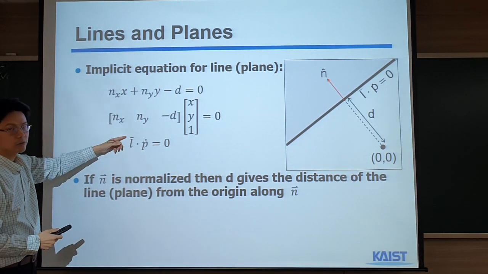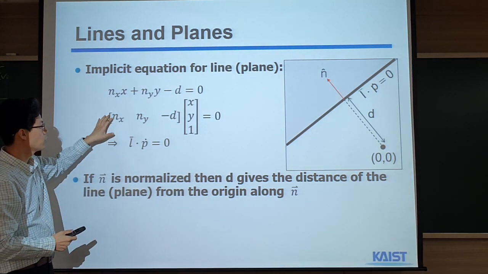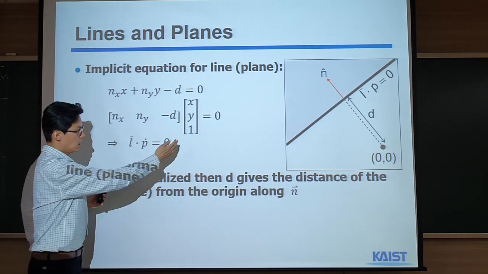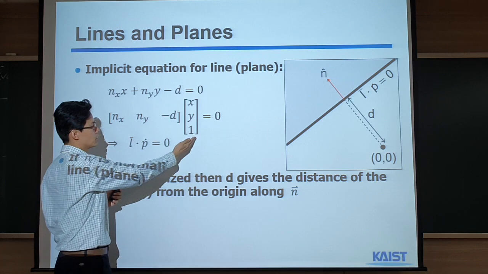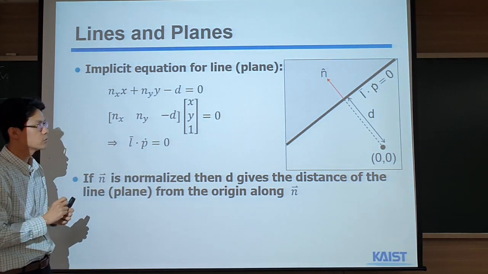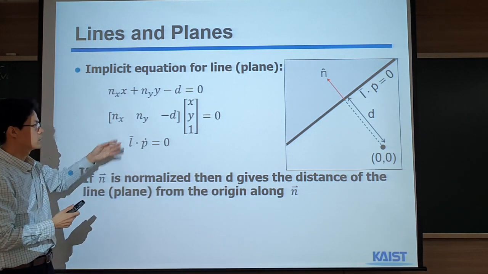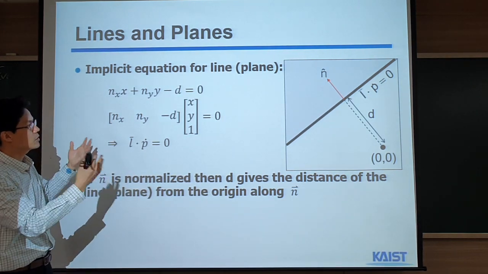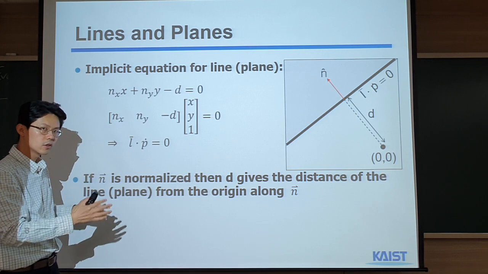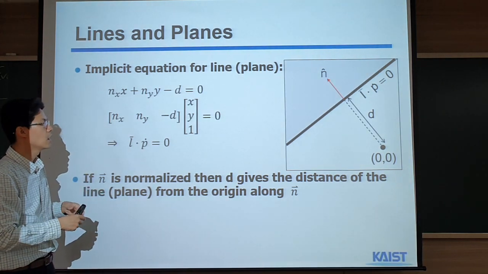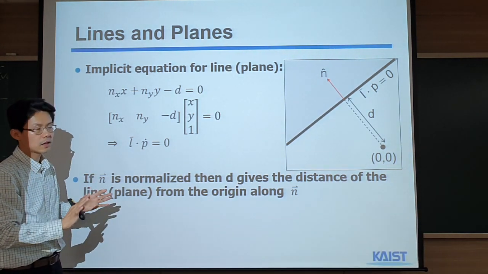I put this bar to represent the coefficients of the line, and here x and y and 1 is nothing but the homogeneous coordinate of the 2D point. Actually, everything can be explained in a homogeneous coordinate setting, but I'm not going to talk about that concept here.